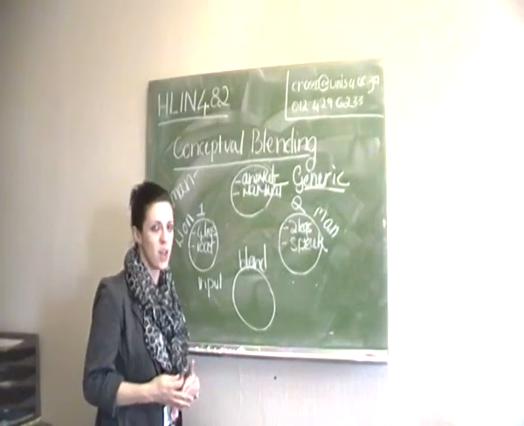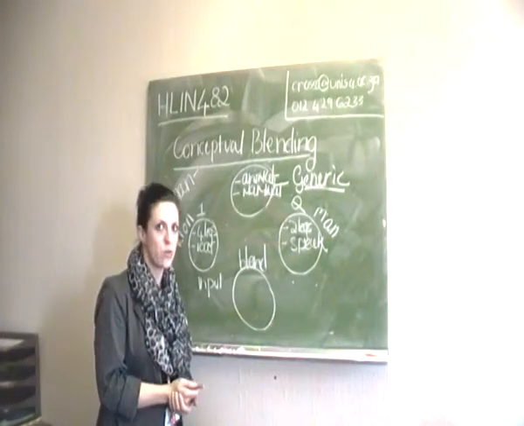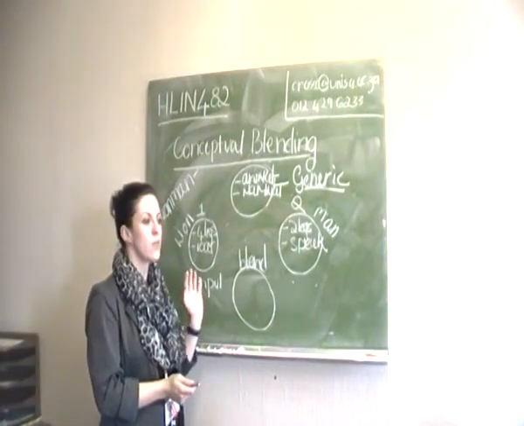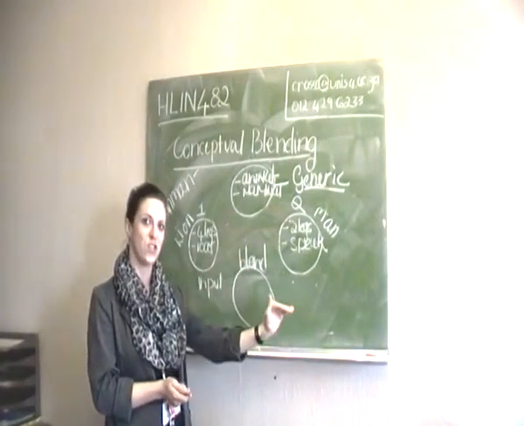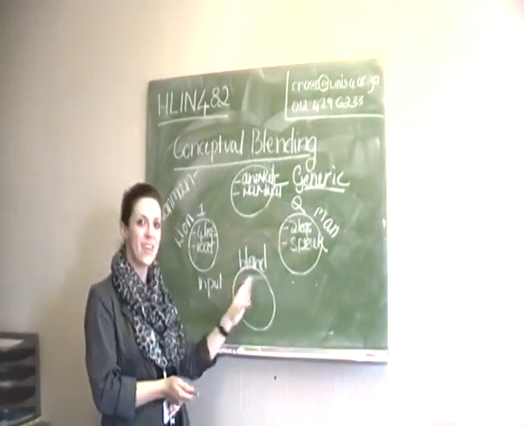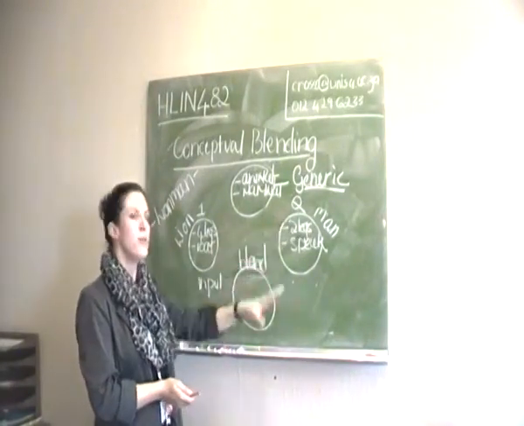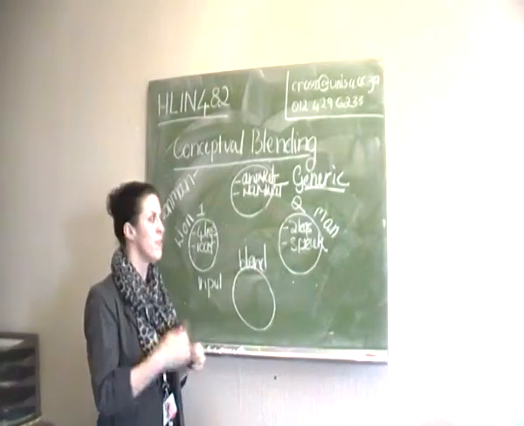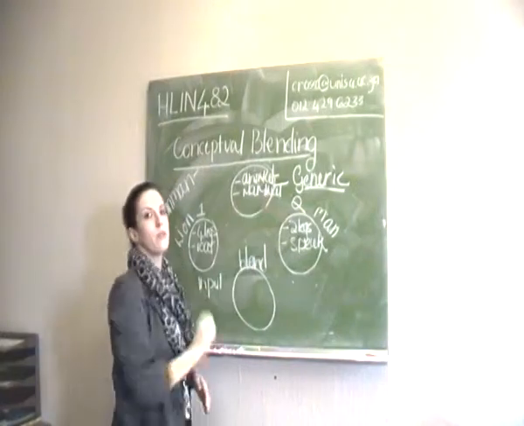Now, the interesting thing with regards to blending is that where conceptual metaphor theory creates a link unidirectionally, only going one way, from the source to the target, what blending does, what this entire structure does, is it goes multi-directionally. It can go in various ways. Everything comes from here, from the generic space.